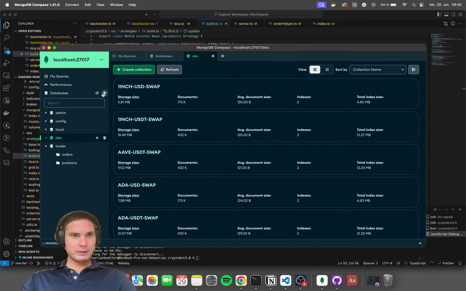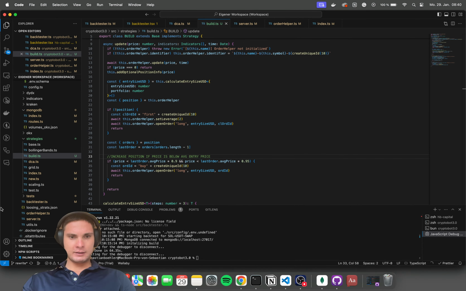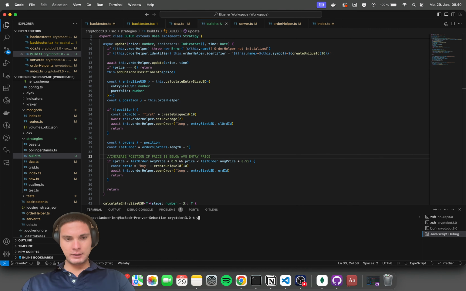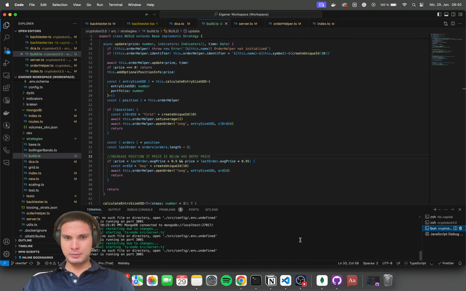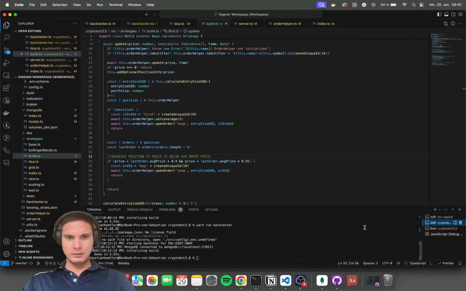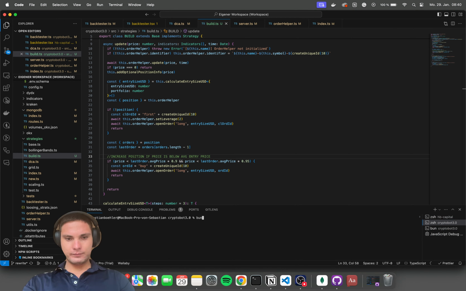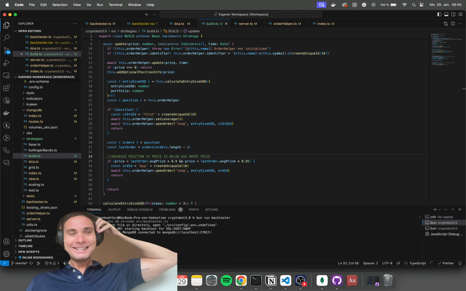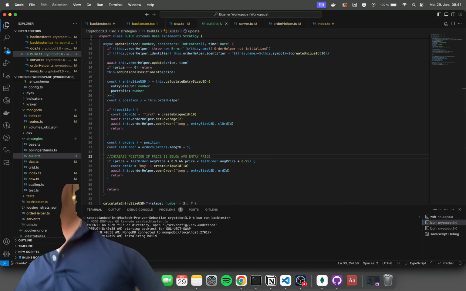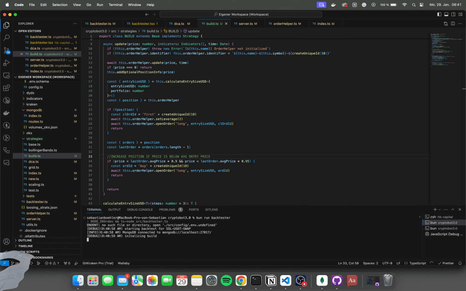So, okay, we don't have any backtests yet saved, so we can go ahead and I don't need to run this in a debug terminal.